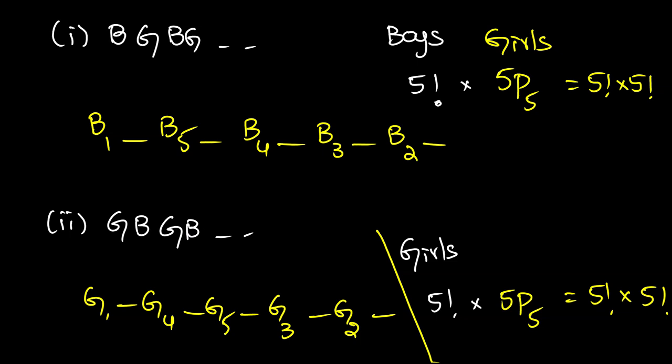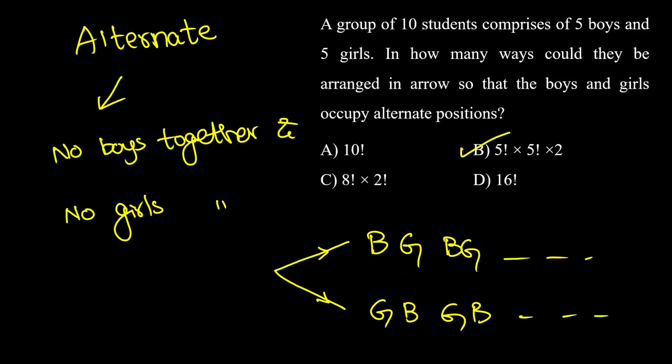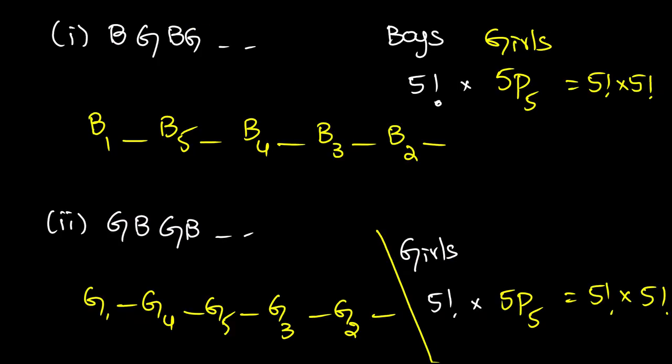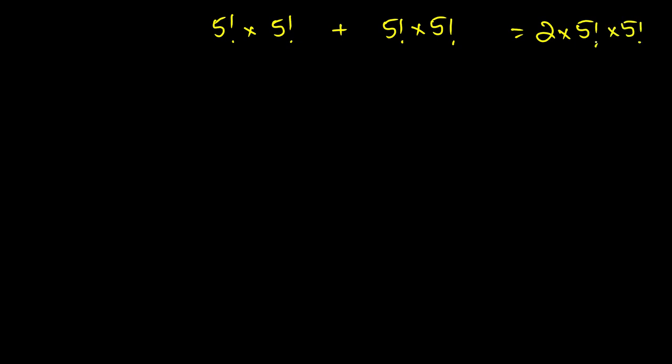Because of the word or, we have to add these two answers. Starting with boy, the answer is 5 factorial into 5 factorial. Starting with girl, also 5 factorial into 5 factorial. So totally it is 2 into 5 factorial into 5 factorial.